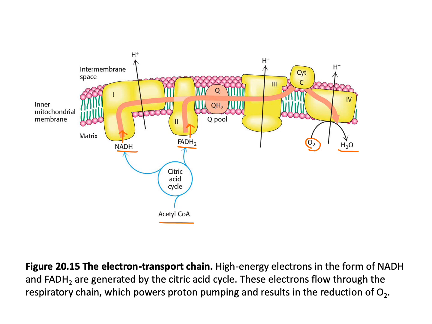Meanwhile, the three proton pumps, which are complex 1, 3, and 4, all pump protons outside the mitochondrial membrane, which creates a proton gradient. In chapter 21, we're going to learn that the proton gradient will be used to synthesize ATP.